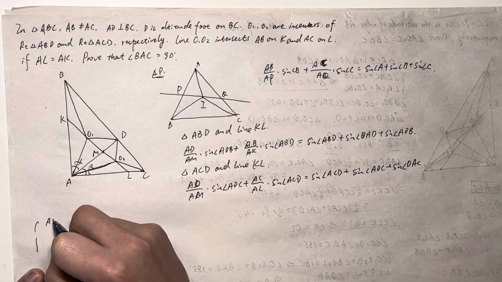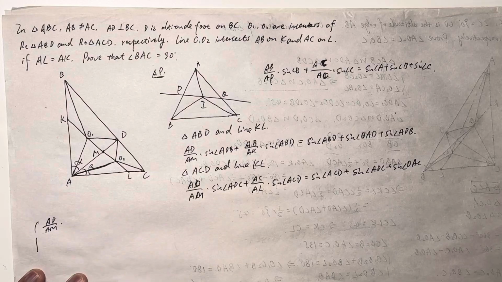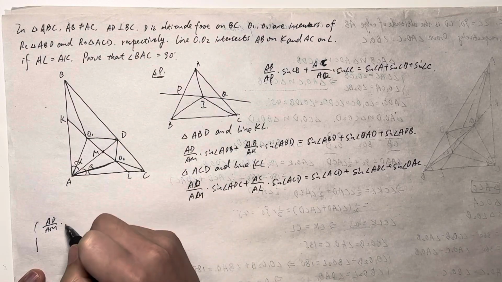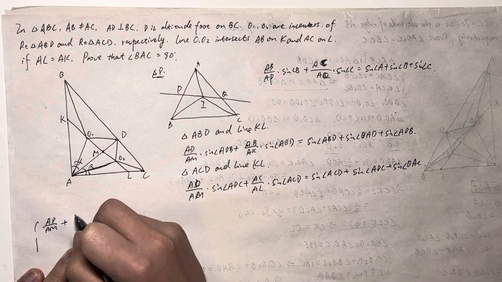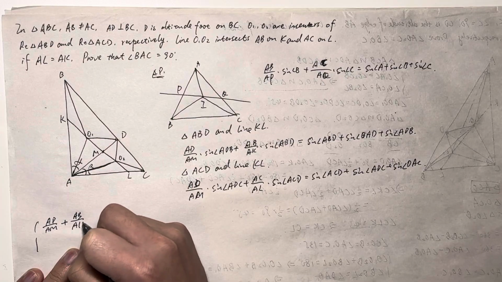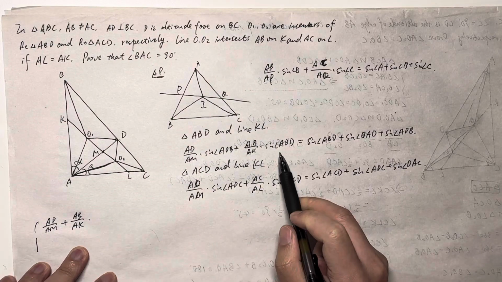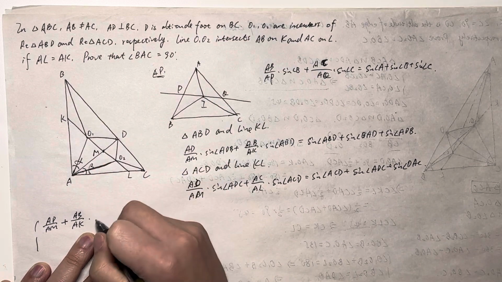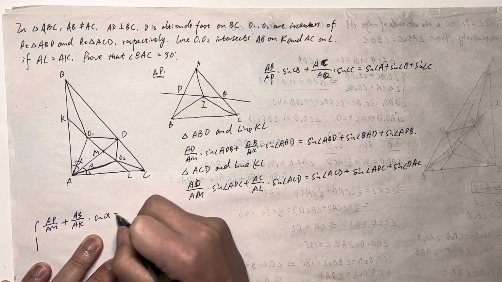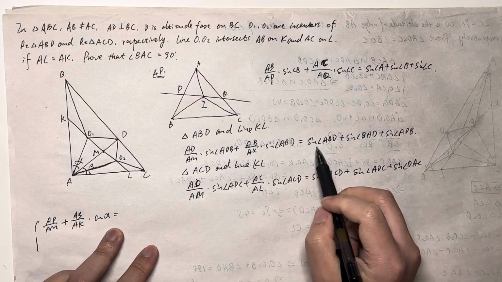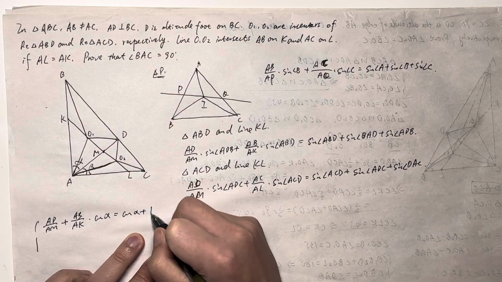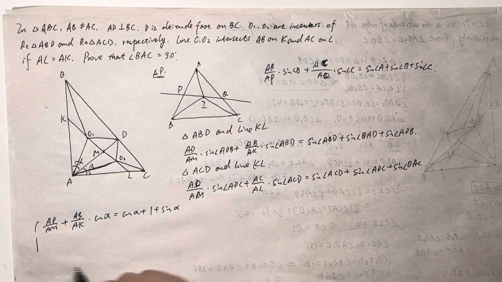The first is AD over AM times sine angle ADB, that's 1, plus AB over AK times sine angle ABD, which is cosine alpha, equals sine angle ABD, that's cosine alpha, plus 1 plus sine alpha, right?